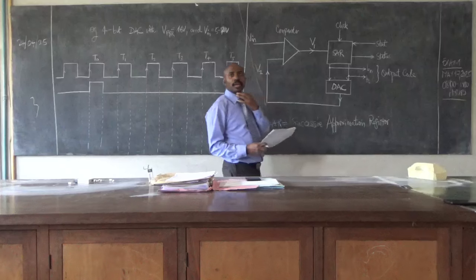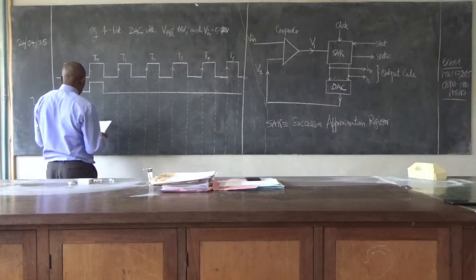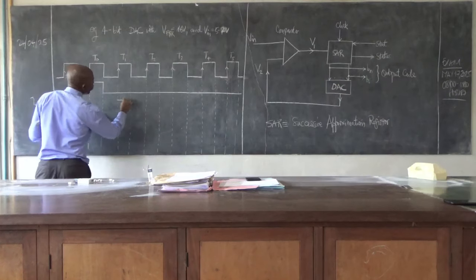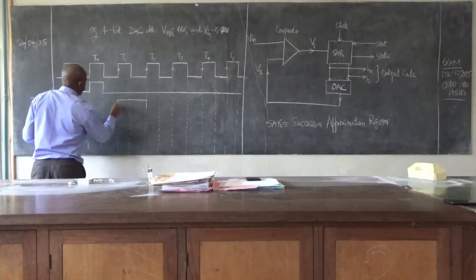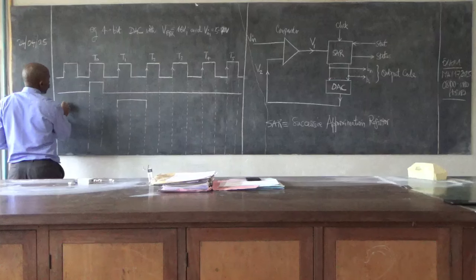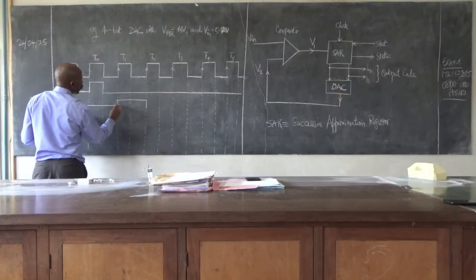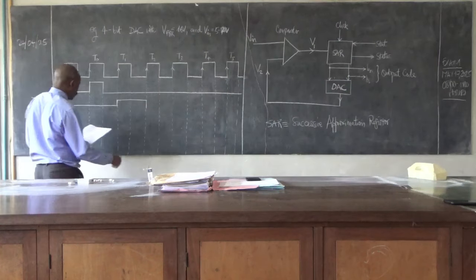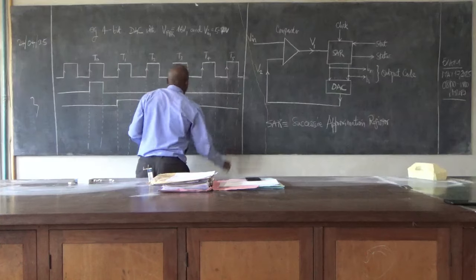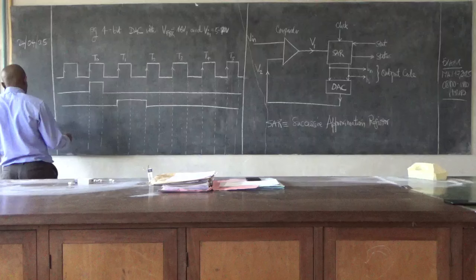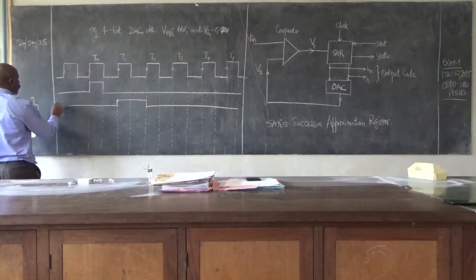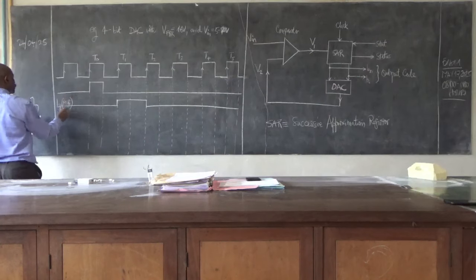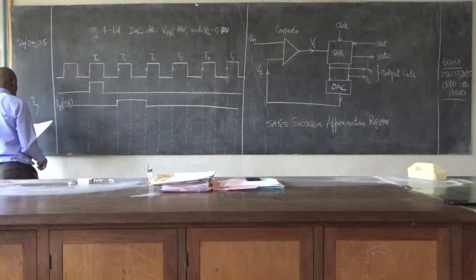We start producing our binary stuff. So the first one, B3, will be up to the T1 here, and it will cover these two. Make sure you draw it with a good amplitude. I am trying to make sure everything fits here. It's a 4 bit, so this is bit 3, and this is the most significant bit.